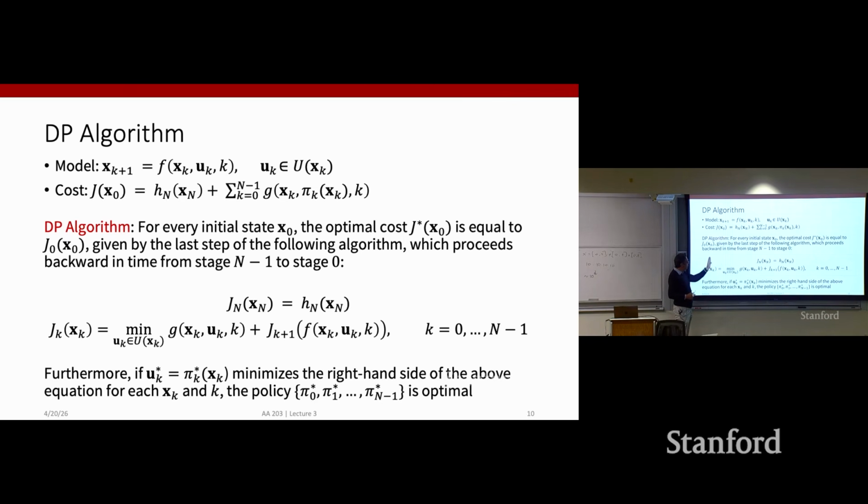But in general, for all the intermediate steps, you have to solve the tail problems from all possible states that are reachable, because you don't know from the initial condition you're interested in which intermediate states you'll be visiting. So in that way, it's a bit wasteful. But the good news is that at least it still saves quite a bit in computation. And then if problem data changes and the initial condition changes, you have solved the problem for all possible conditions.